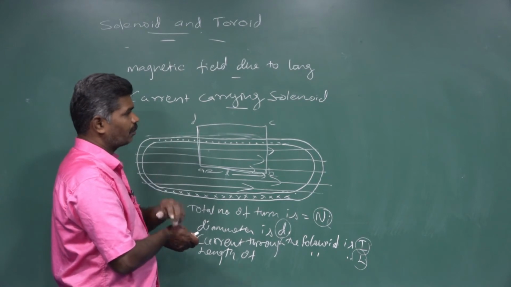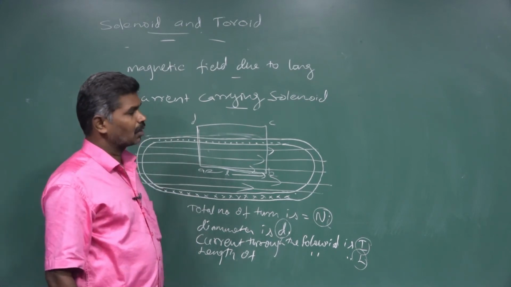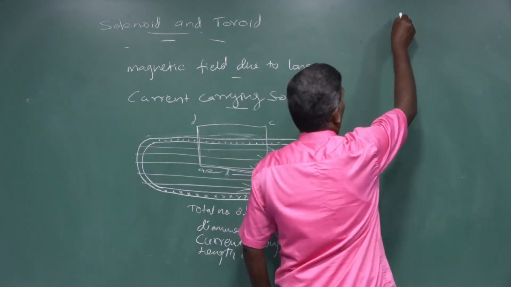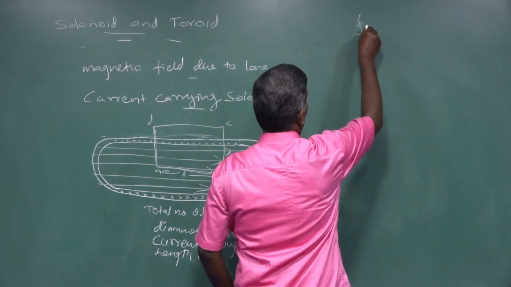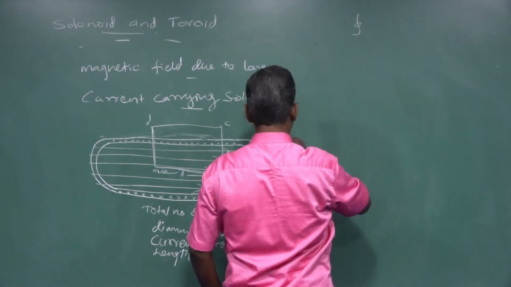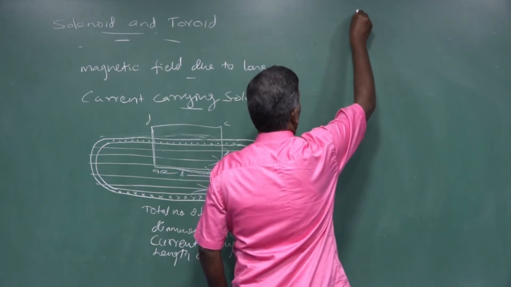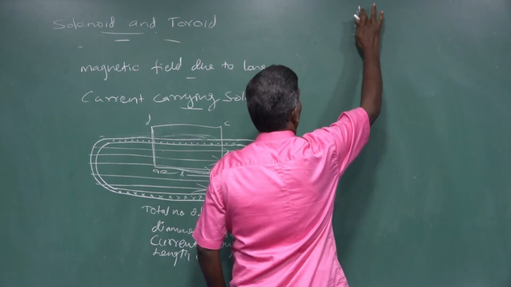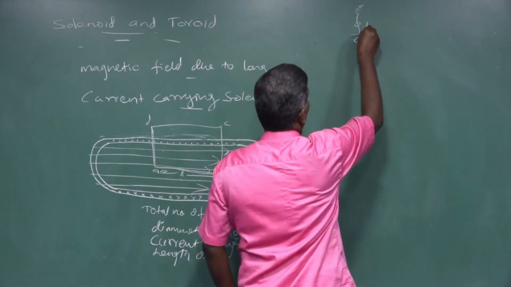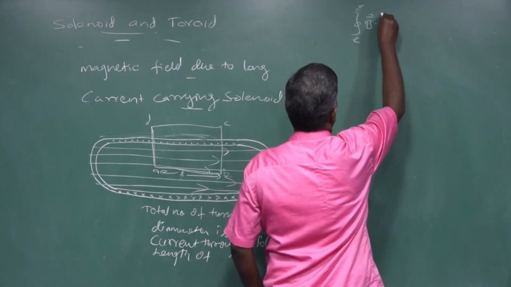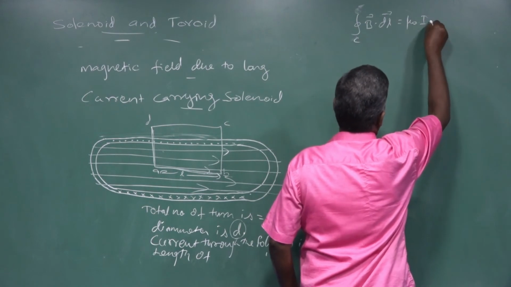So we are applying Ampere's Circuital Law. What is Ampere's Circuital Law? It means the closed line integral. Here the loop starts from A and goes around to D, so we take the total loop. That's why we use the closed integral symbol: the closed integral of B vector dot dl vector equals mu naught times I enclosed.